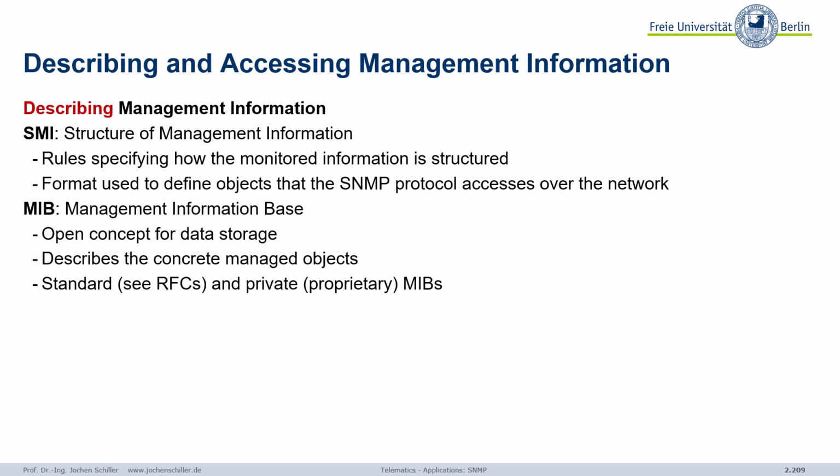The standards describe, for example, how I access certain things with the IP protocol, but they do not describe how a certain manufacturer of a certain device describes the object for this very specific network adapter. So we need a way to describe this management information, and we need a place where we store it. And we'll see how we use a real hierarchical structure for storing this.